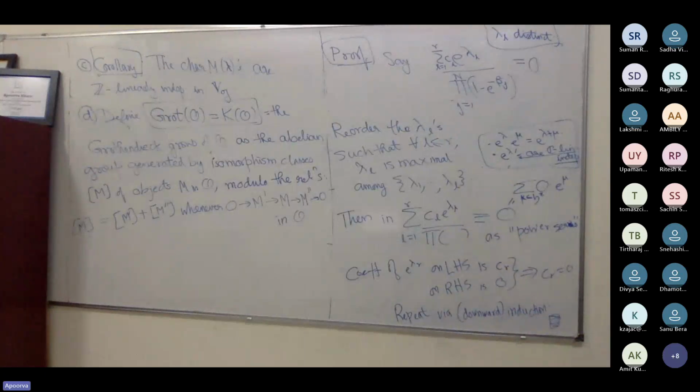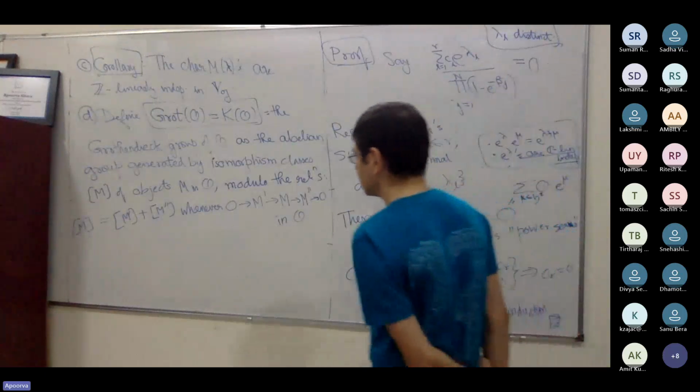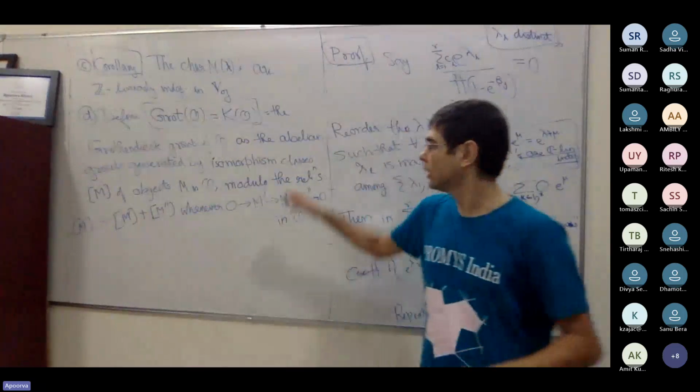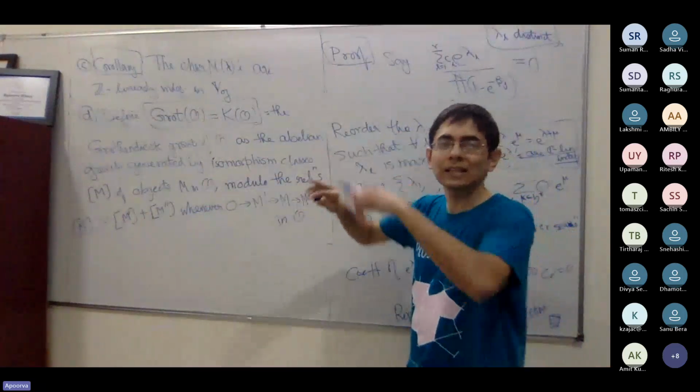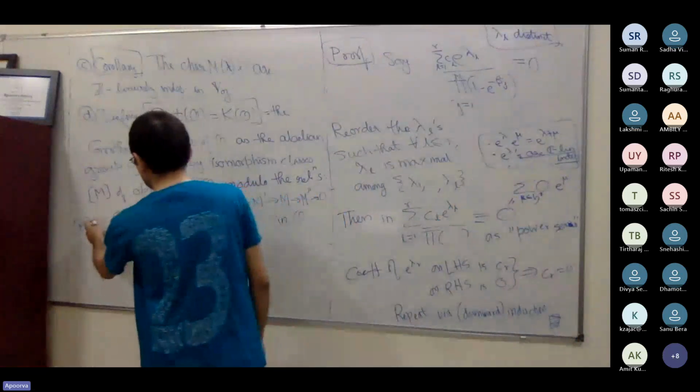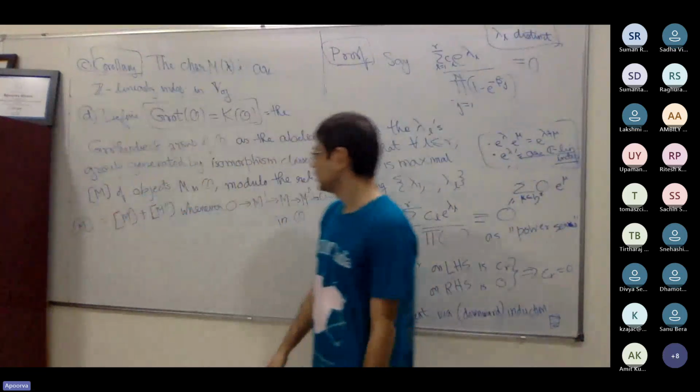Even non-split, and of course split also. Whenever you have any extension of modules in category O, the middle equivalence class is taken to be equal to that. So modulo this, identified, or you can say equivalent to that.